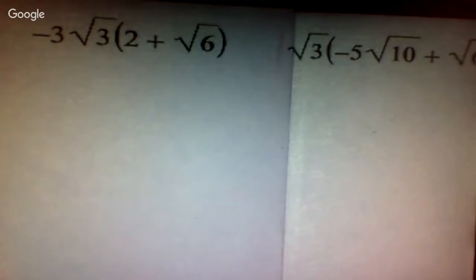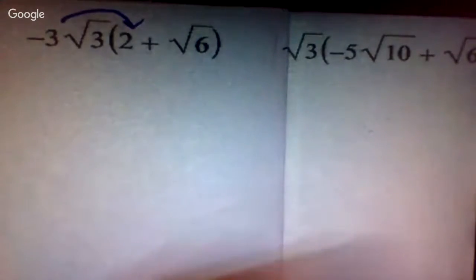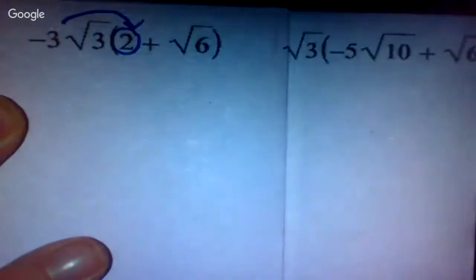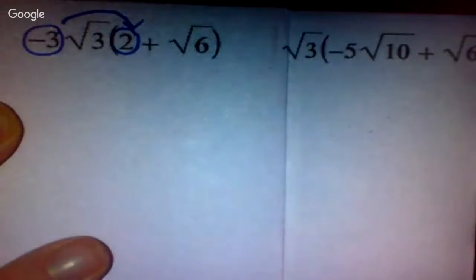We need to distribute again. So I take this times the 2. Is the 2 underneath the square root? No. So your 2 gets multiplied against the negative 3. What's 2 times negative 3? Negative 6.